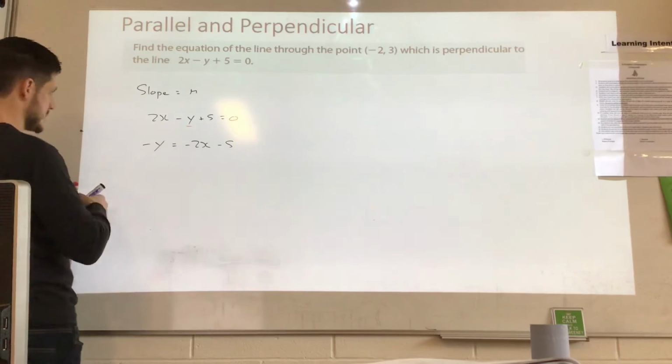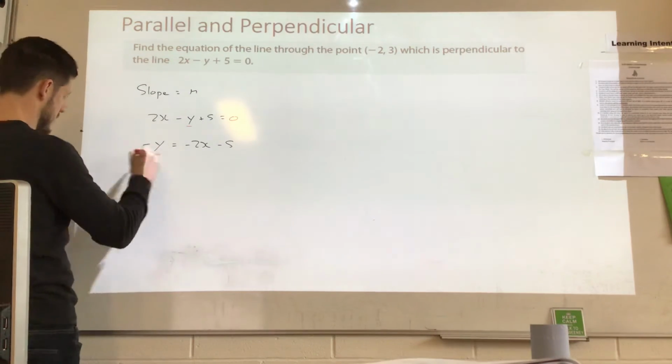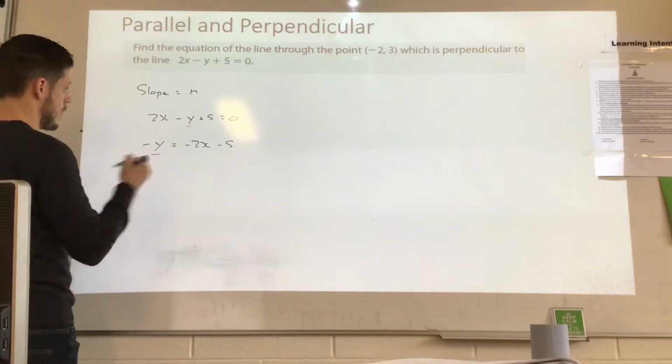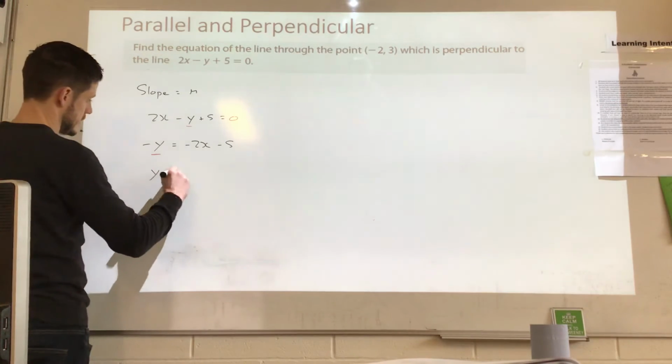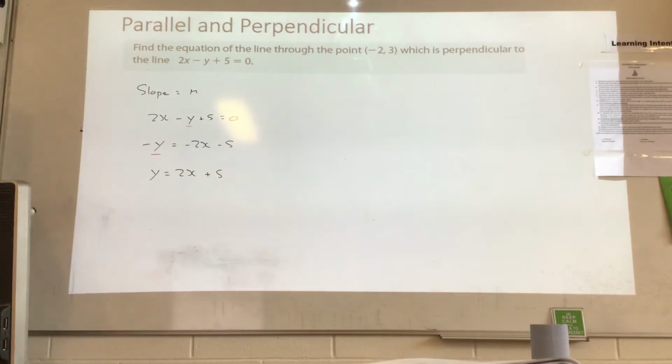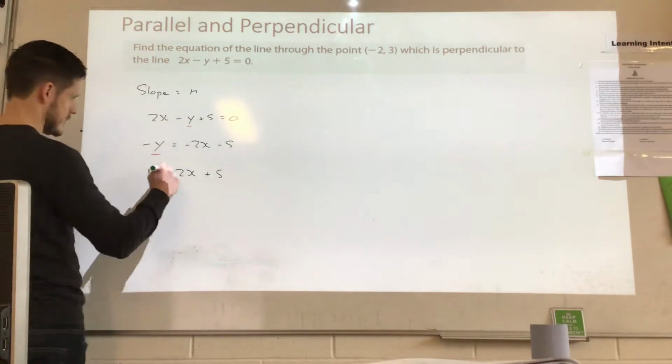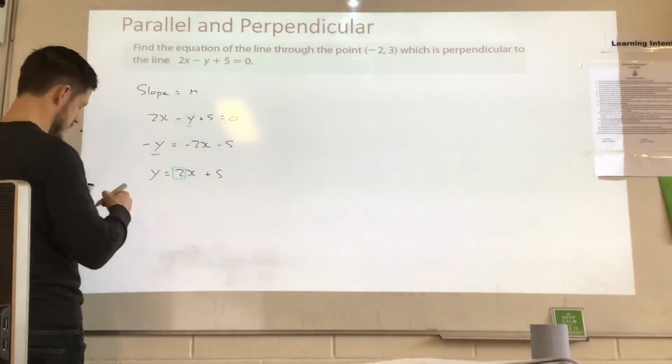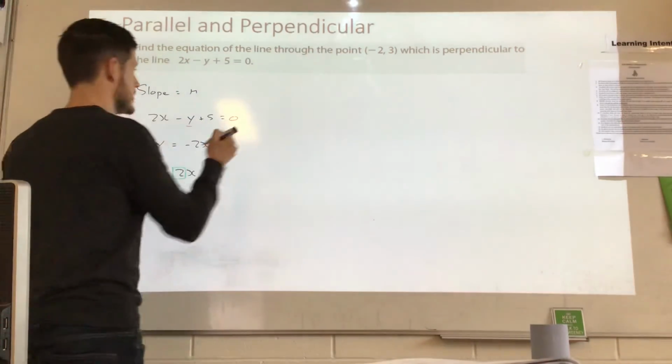Change the sign of all this, so I'm left with y is equal to 2x plus 5. And the slope is just the number in front of x, which is 2. So my slope m is now going to be equal to 2.